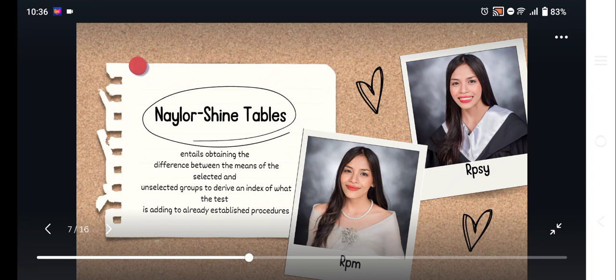The potential problem of the Taylor-Russell tables was avoided by the Naylor-Shine tables. Okay?